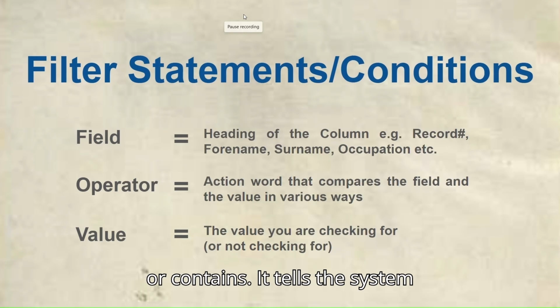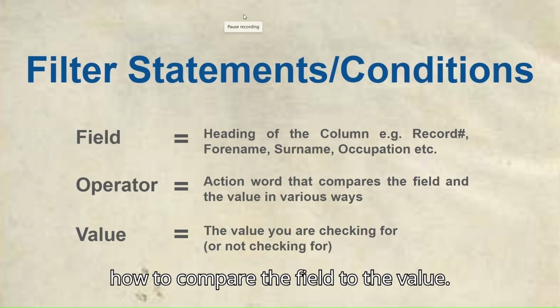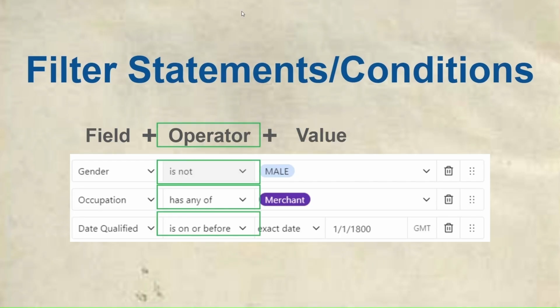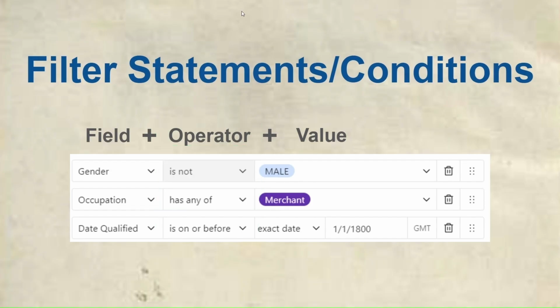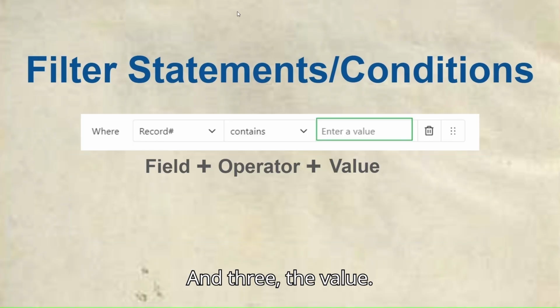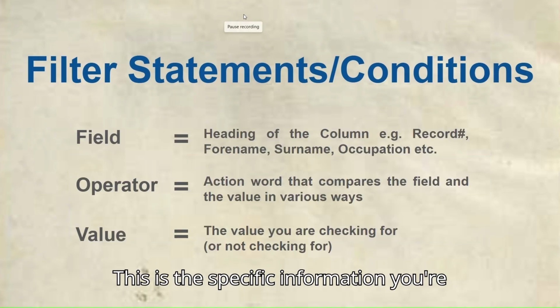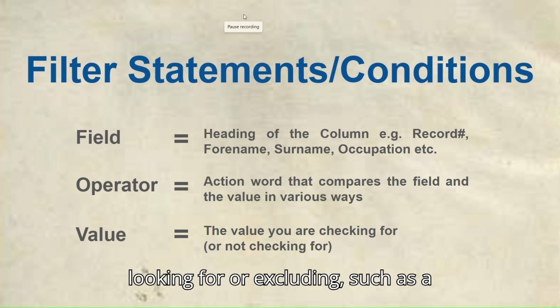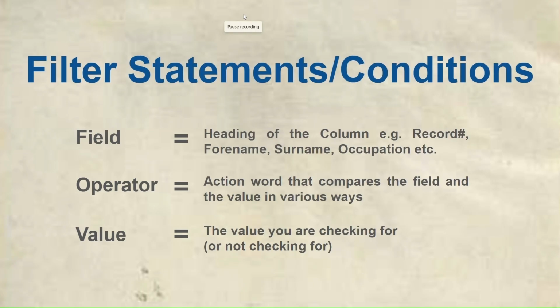It tells the system how to compare the field to the value. And 3. The value. This is the specific information you're looking for or excluding, such as a particular name or keyword.